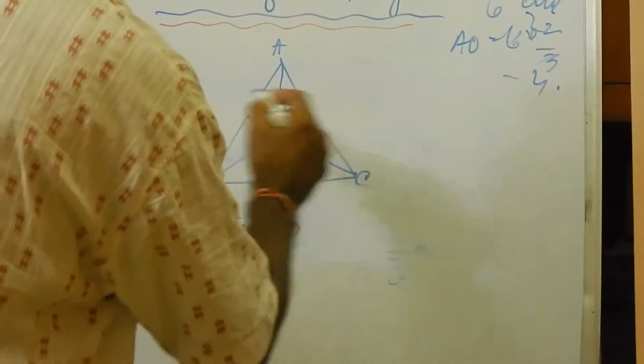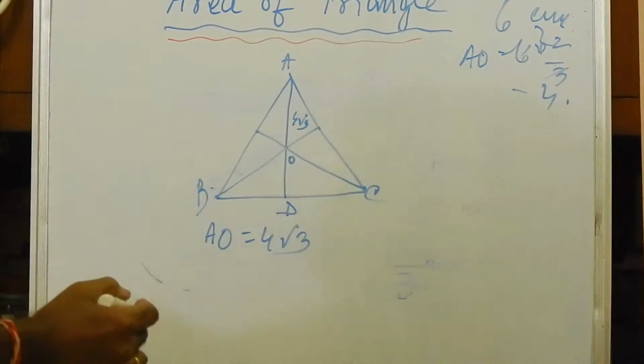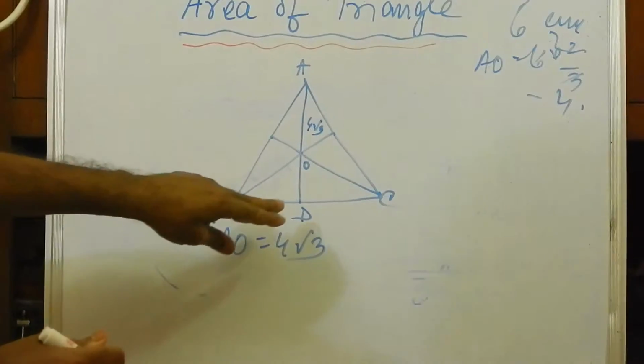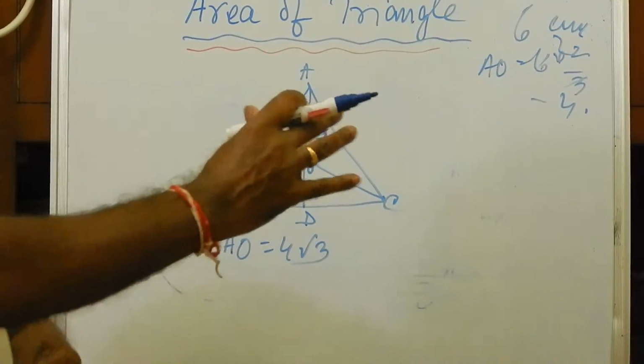You can take this one if you rename it BE, CA, whatever. But I draw here one median to avoid complications, because the picture will be much complicated.